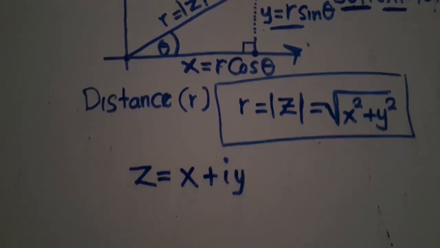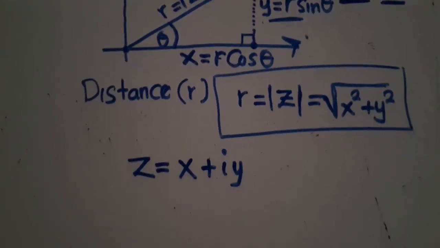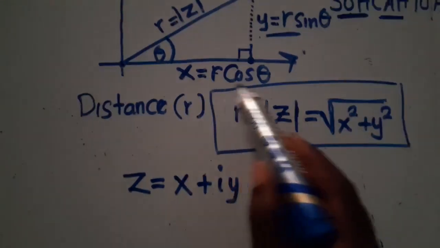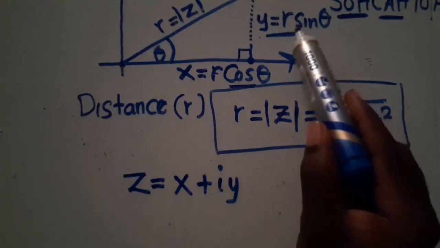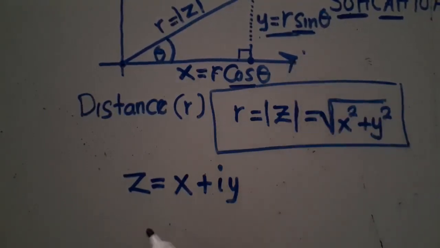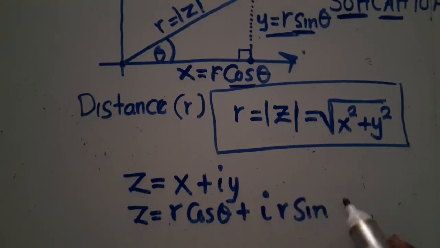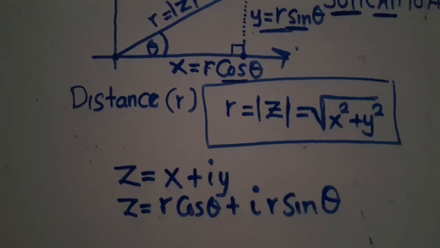Now, if you want to change to polar form, where there is x, you put r cos theta, and where there is y, you put r sin theta. So in other words, z is equal to r cos theta plus i r sin theta.